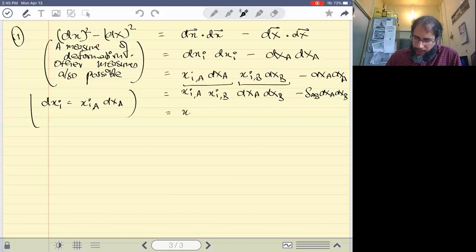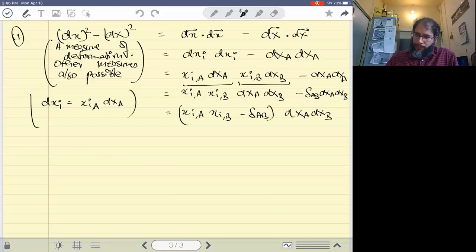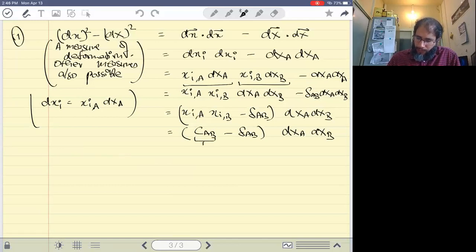So this now we can simplify as xi comma a xi comma b minus delta AB times dXa dXb. So this we write as CAB minus delta AB. Okay, so this quantity C here is called the Green's deformation tensor.